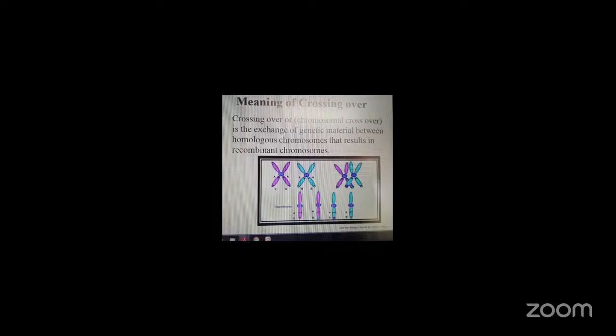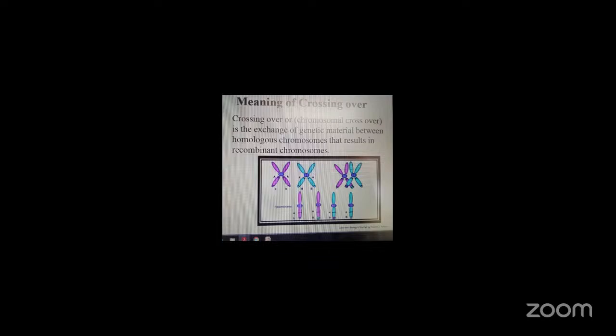Crossing over leads to recombination, or a new combination between the linked genes. It generally leads to recombinant types, or crossing over types, as opposed to the parental types, or non-crossing over types. It generally involves the exchange of equal segments of genes, and recombination is always reciprocal.